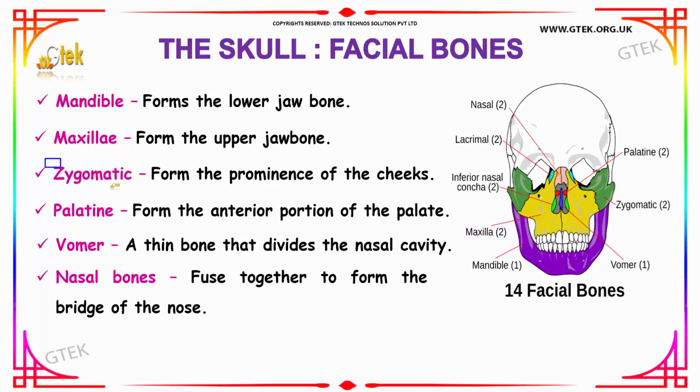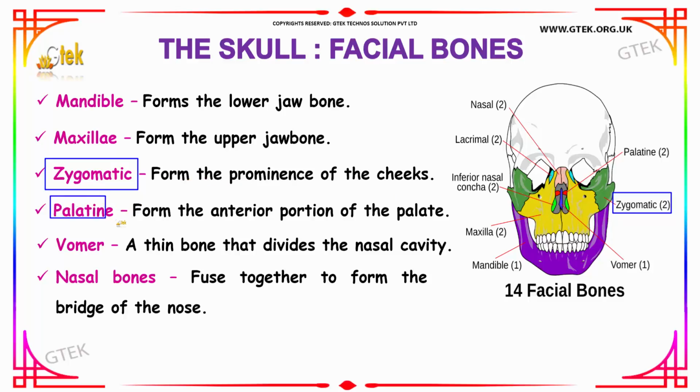Zygomatic is the bone that you can find in your cheek on either side of the human skull.